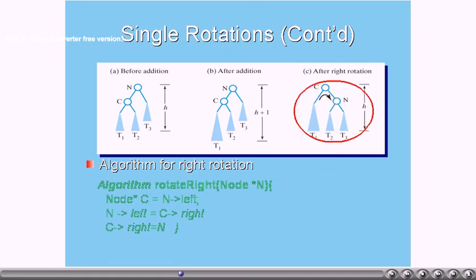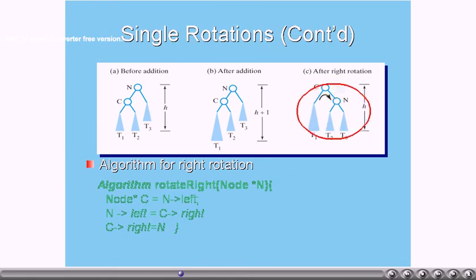So we have to apply rotation at N. And also, we verify that the node is added to the left hand side of the N, and also it has been added to the left hand side of its parent. So to bring it to balanced, we have to apply right rotation. The function is given in the slide.